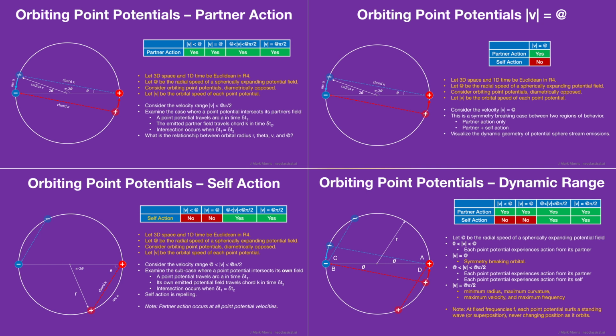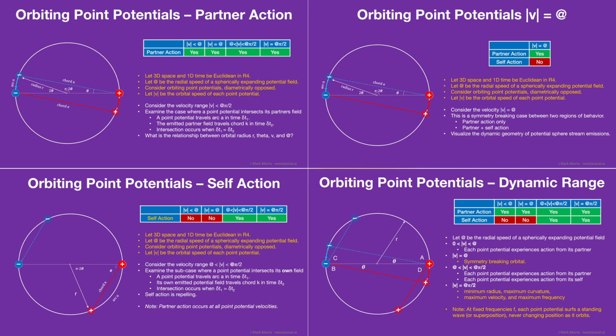In terms of the binary, what's important at the event horizon of a black hole is that it's the border between anti-de Sitter space and conformal field theory. So inside the black hole, the binaries have an orbital velocity of the 2 point potentials in that binary greater than their own field speed. So that means their own shadow of where they were before on their path is acting upon them.